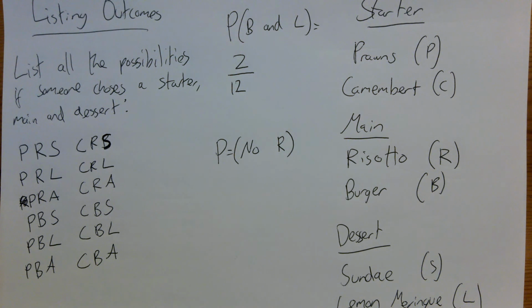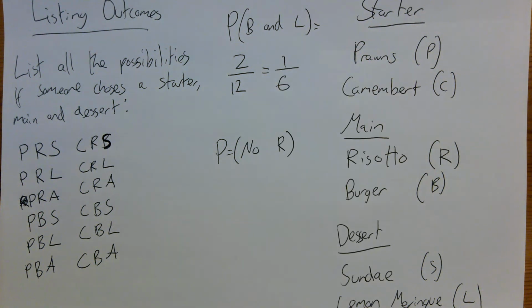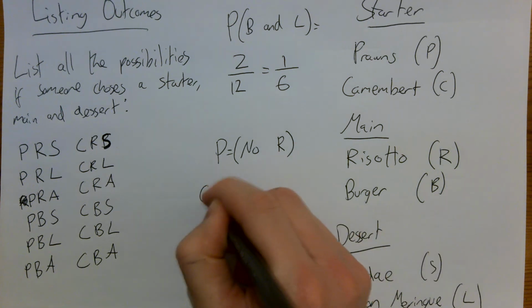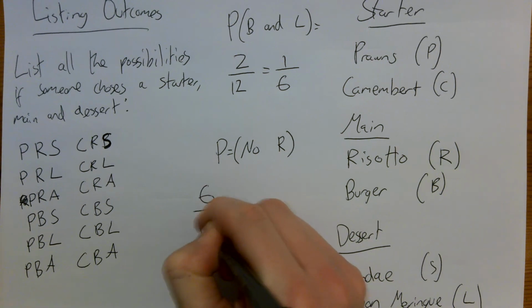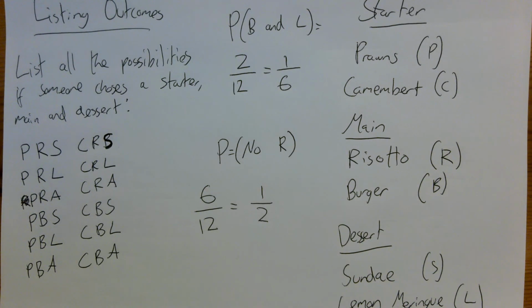So if you picked one at random, the probability of getting burger and lemon meringue would be 2 12ths or 1 6th. The probability they don't have risotto, well, let's have a look at ones without risotto. There are 1, 2, 3 there without risotto, 4, 5, 6 there without risotto. All of these ones have. So the probability of no risotto is 6 12ths or a half if it was picked at random.